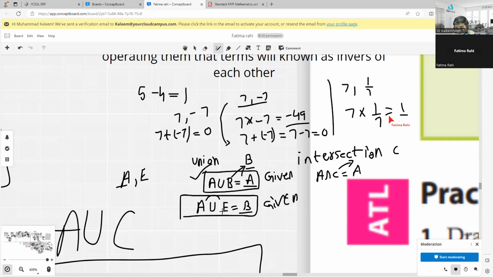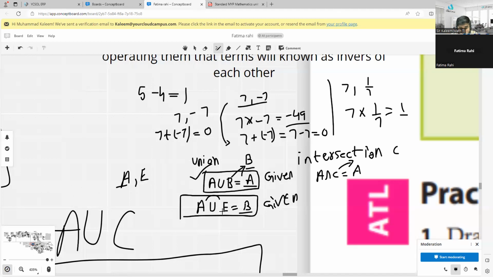What are the inverse properties? There are two properties to check for inverse. Firstly, you have to operate them according to the given operation. If you are checking for addition, you add them. If you are checking for multiplication, you multiply them.